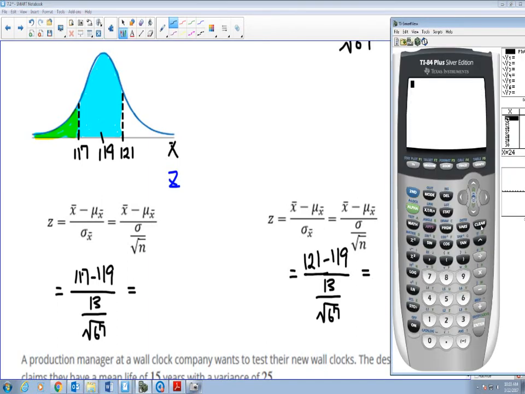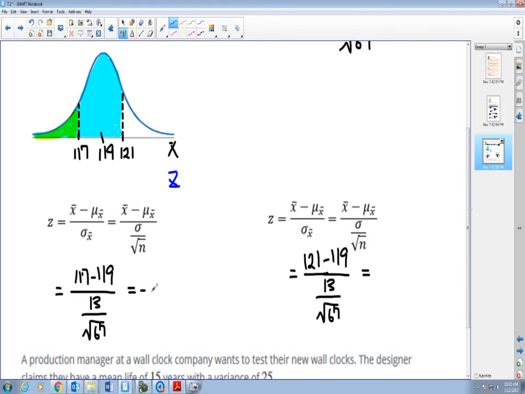I'm going to type this in one time: 117 minus 119 divided by parenthesis 13 divided by the square root of 67, close it. Okay, -1.26. So this 117 has to be -1.26. Since they're different by 2 months, this one here has to be the positive 1.26. Okay, so that's my z-score.